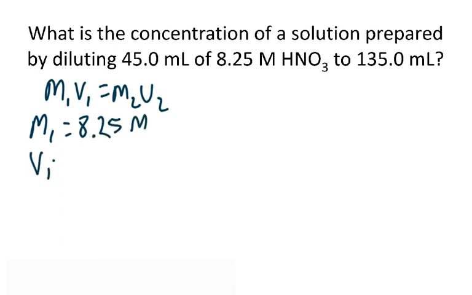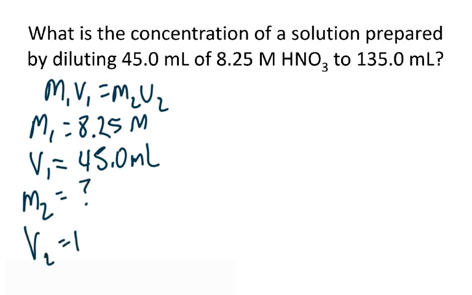Our V1 is 45 milliliters. Our M2, we don't know. And our V2 is 135 milliliters. Now notice I'm using this just in milliliters. I did not convert over to liters.